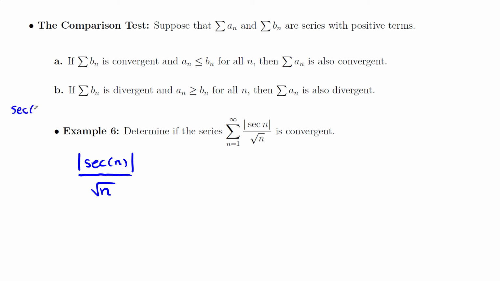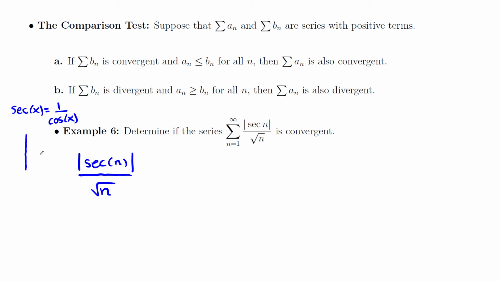So the secant of x is 1 over, did I say sine? Excuse me, it's 1 over the cosine. So the secant is 1 over the cosine. So the cosine is always between -1 and 1. So what that means is that the reciprocal of cosine is always bigger than 1 or smaller than -1.